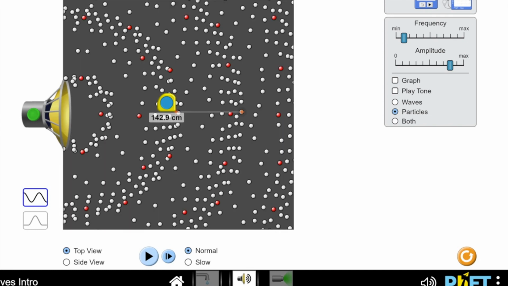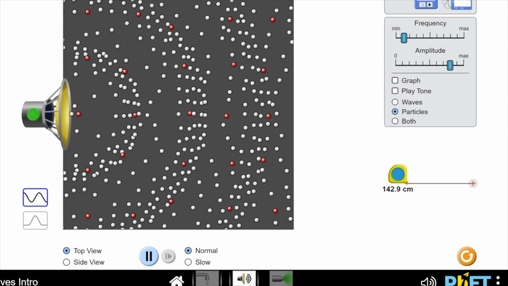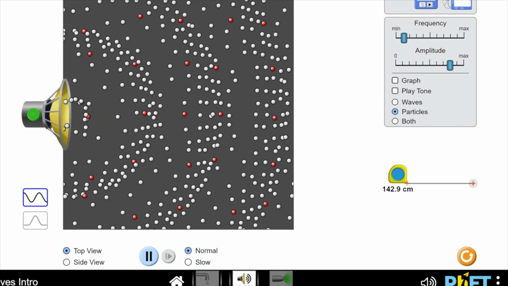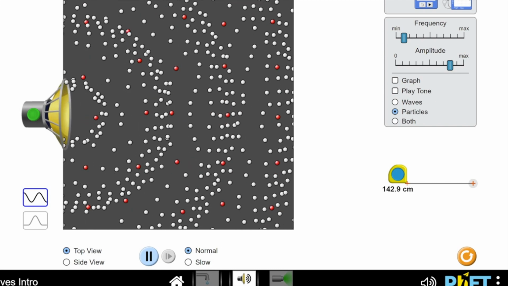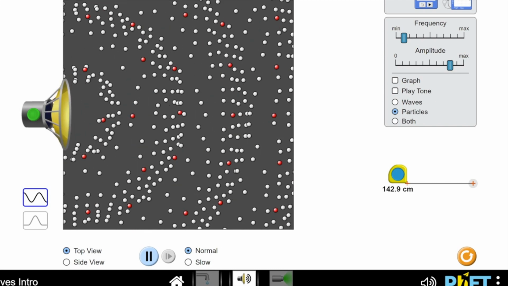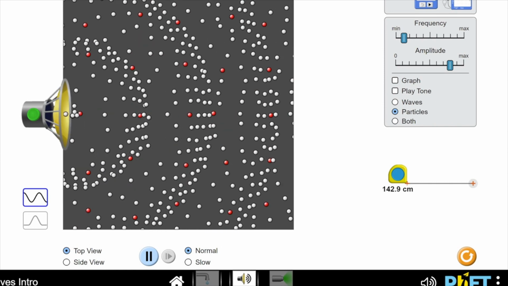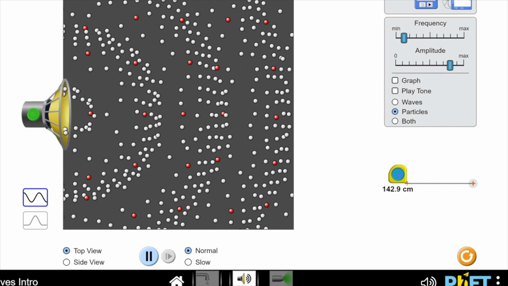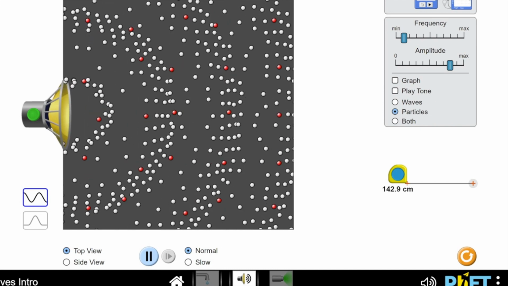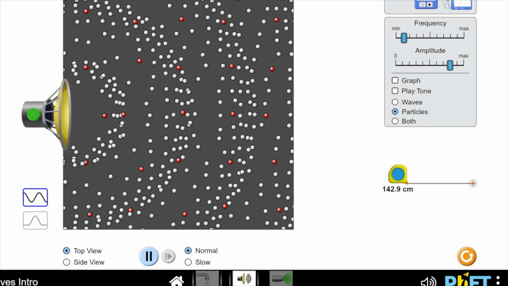Each one of those little circles, white or red, is vibrating away from the loudspeaker, the cone. When we say they're vibrating parallel to the direction of the wave.